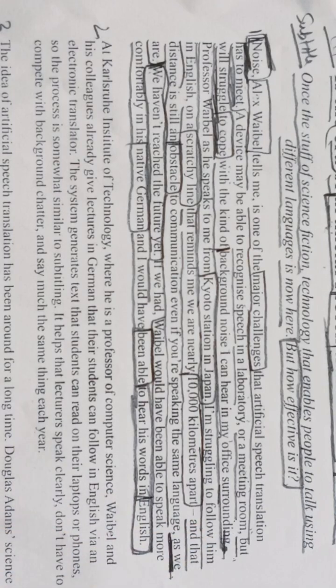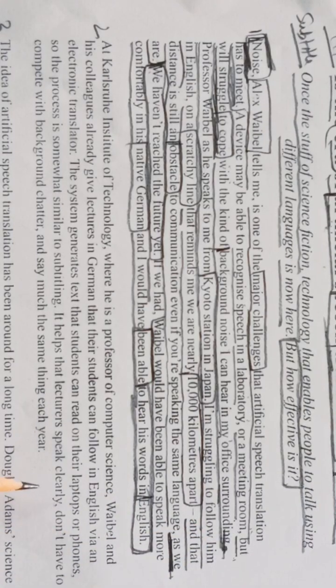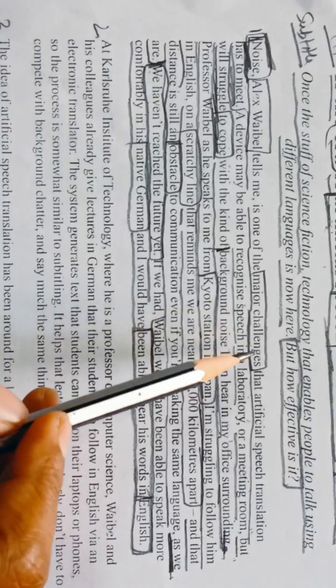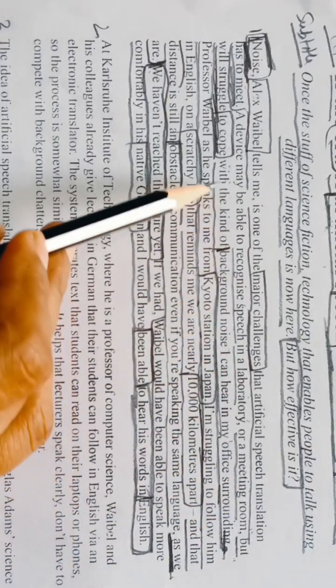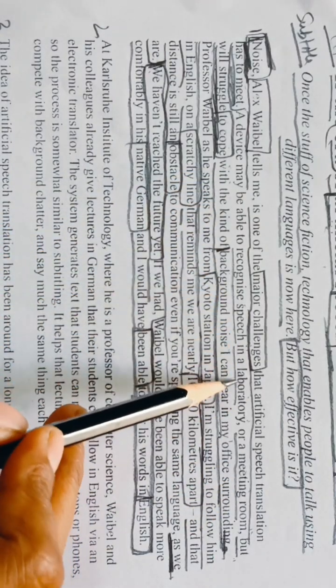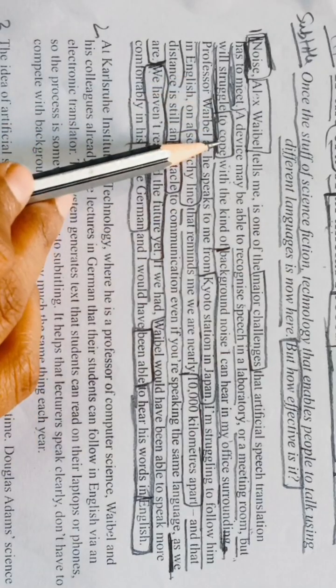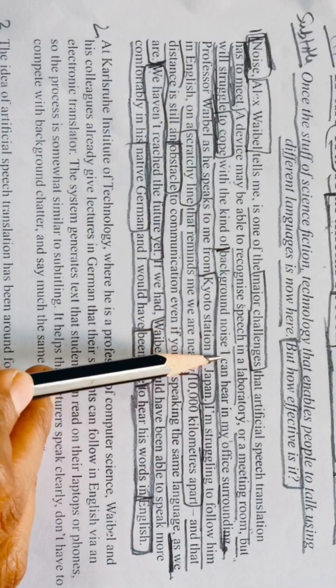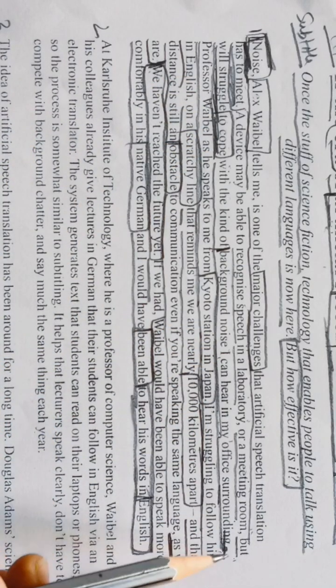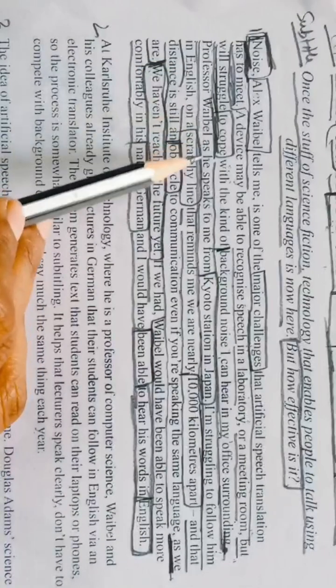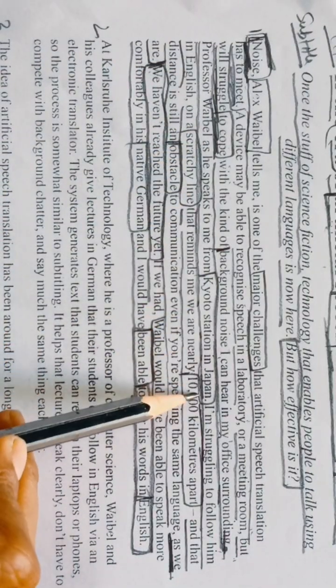Okay, so in this paragraph, we have seen that noise is the major challenge, and a device may be able to recognize speech in the laboratory or meeting room, but will struggle to cope with the background noise I can hear in my office surrounding Professor Webel as he speaks to me from Kyoto station in Japan.